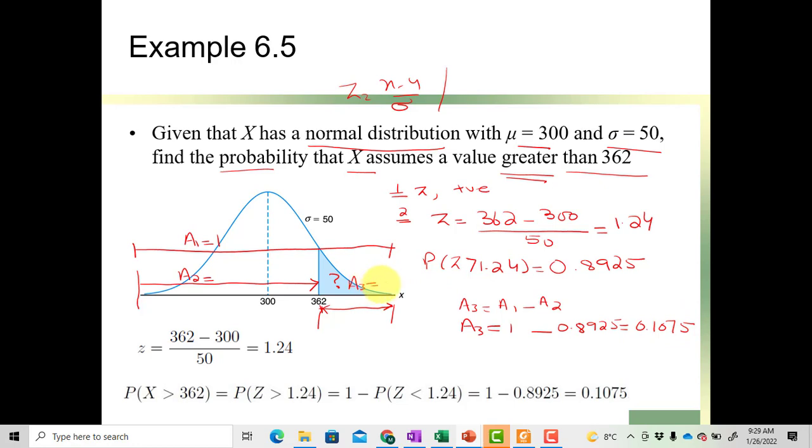So A3 will be equal to 0.1075. How will you interpret it? You will say that the probability that a random variable assumes a value greater than 362 is 10.75%. Okay, so I hope you got this question clear.